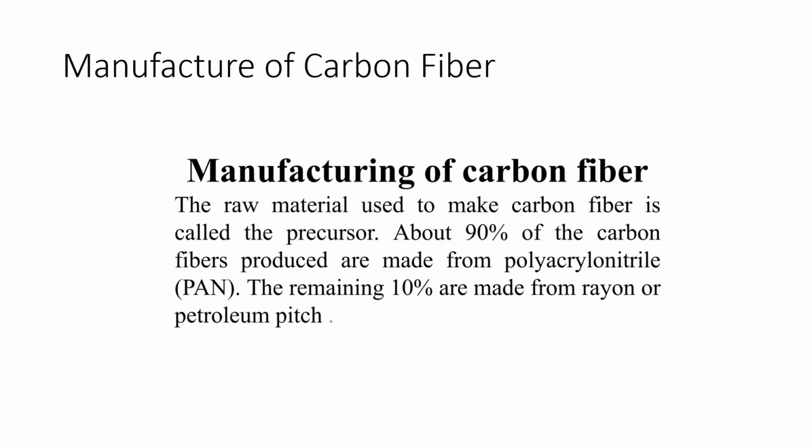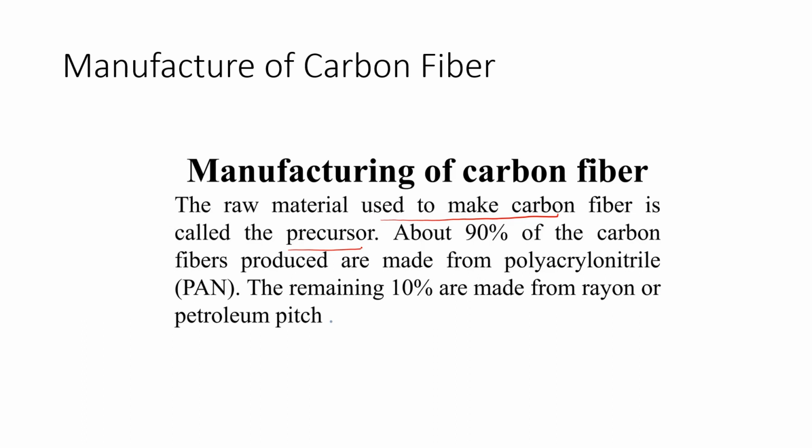Now, in the manufacturing of carbon fiber, the raw materials used to make the carbon fiber are called the precursor. We have already learned this: the raw materials which we use to make the carbon fiber are known as the precursor. Mostly the precursors are PAN and pitch.